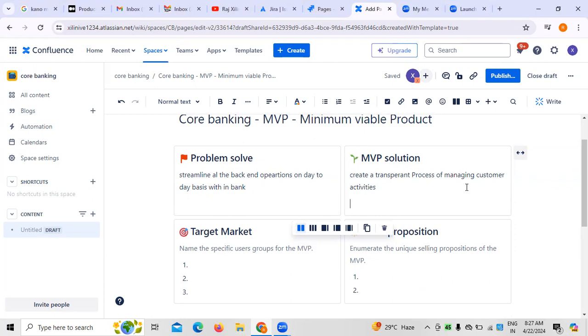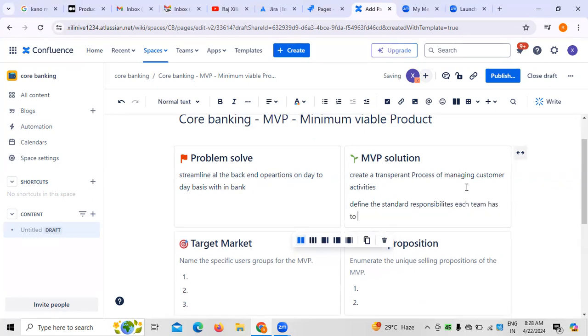The second point: define the standard responsibilities each team has to follow to manage backend operations. I'm just mentioning a few, very generally.